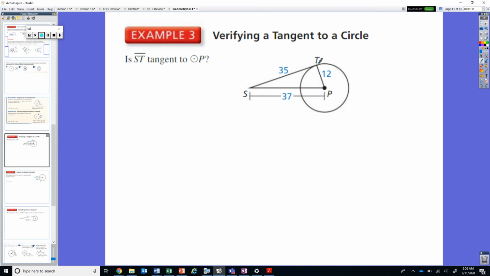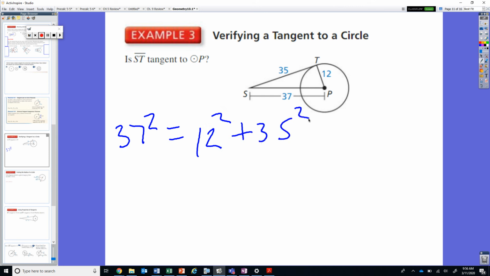And so let's test it. We get 37 squared plus 12 squared. Oh, I'm sorry, I'm going the reverse order here. I should not say plus yet. Let's erase that. 37 squared equals 12 squared plus 35 squared, because remember, we want to compare, does this actually equal one another?